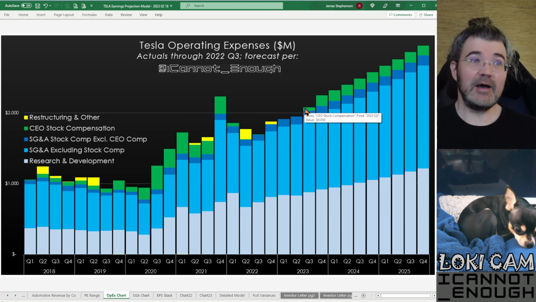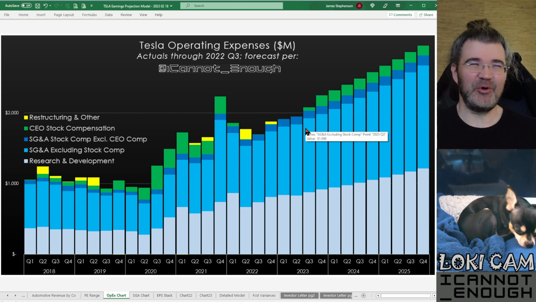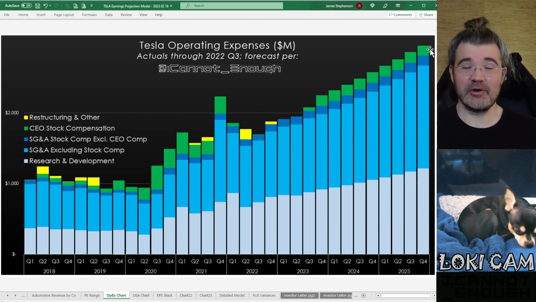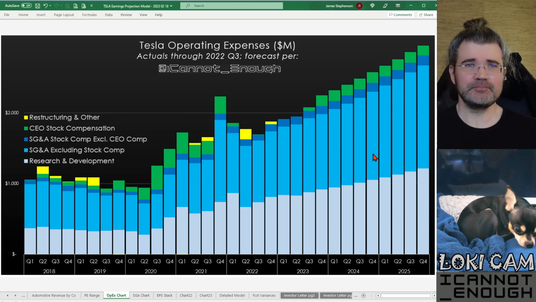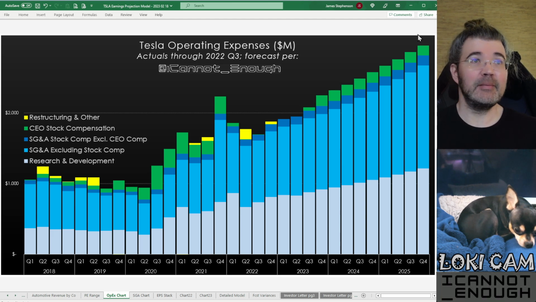And also I have a placeholder in for there to be CEO stock compensation in the future over these years. I don't think Elon will continue working for Tesla for free in perpetuity. He's going to want there to be some compensation for him.